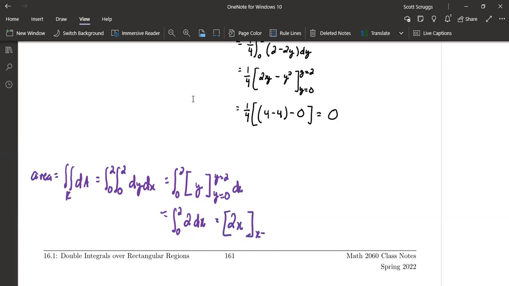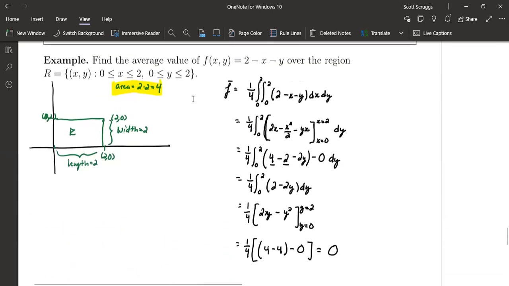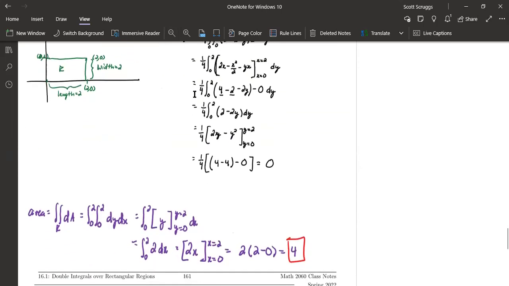Evaluate that definite integral, and I get back my area of the region, 4, which is precisely what we got when we calculated this region back in 16.1. So this means that our general area equation works overall. We can use this in rectangular regions as well.